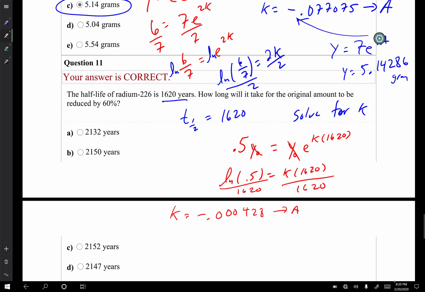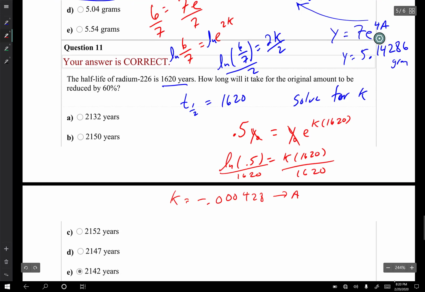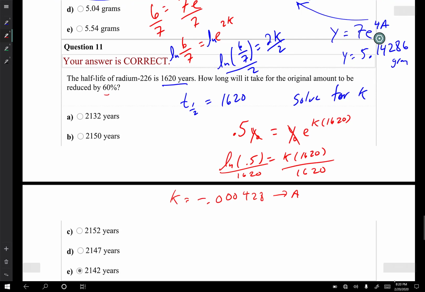So now I'm ready. How long will it take for the original amount to be reduced by 60%? If I reduce it by 60%, that means I have 40% left. So that's what I'm going to do. I'm going to say 0.4 y naught equals y naught e to the a t. Solve for t.